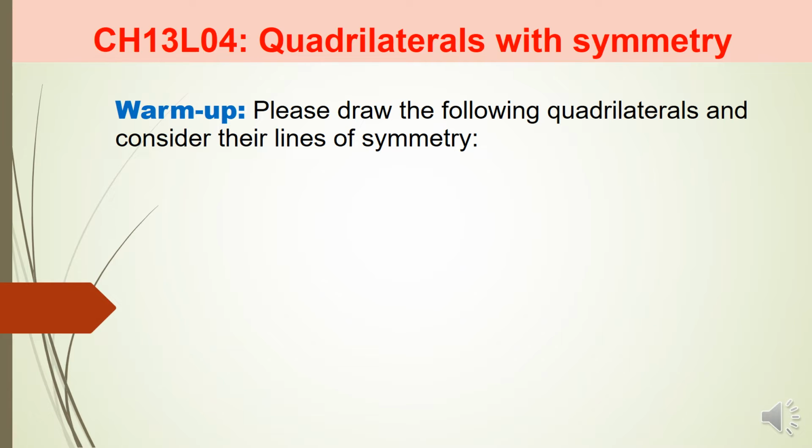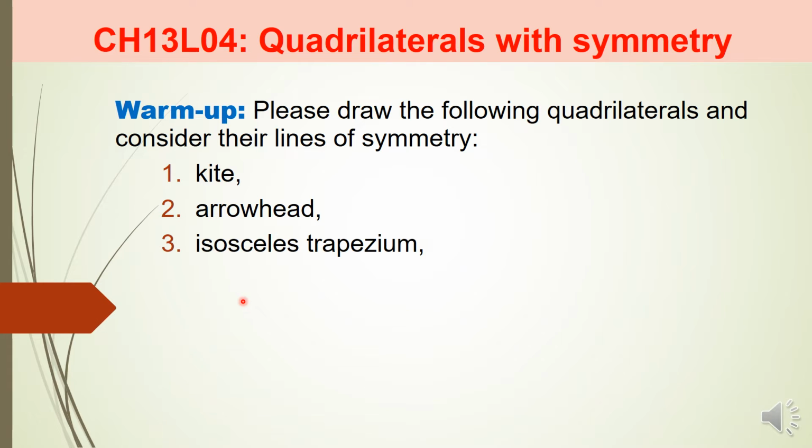So next is the warm-up step. I want you to draw the following quadrilaterals and consider the line of symmetry. The first one, draw a kite. The second is an arrowhead. The third is an isosceles trapezium. The fourth, a parallelogram.